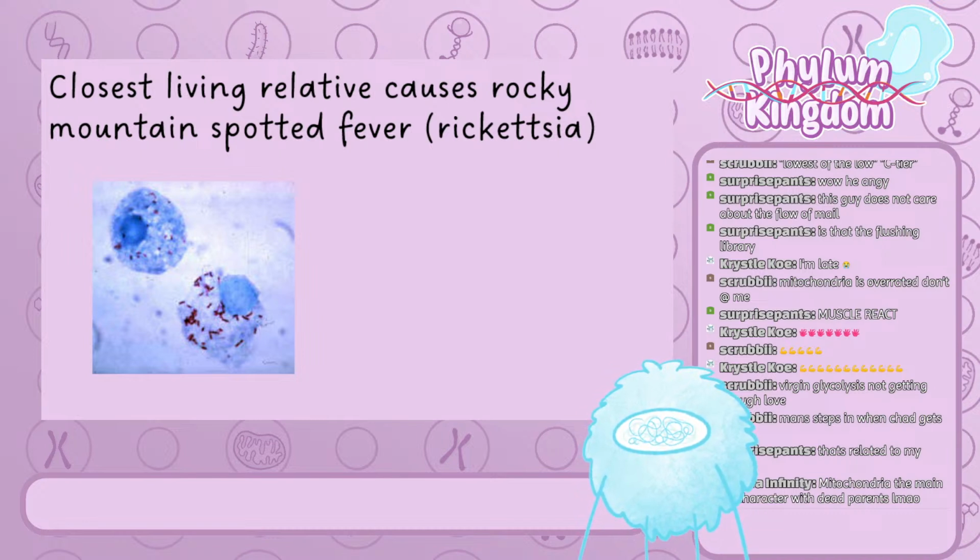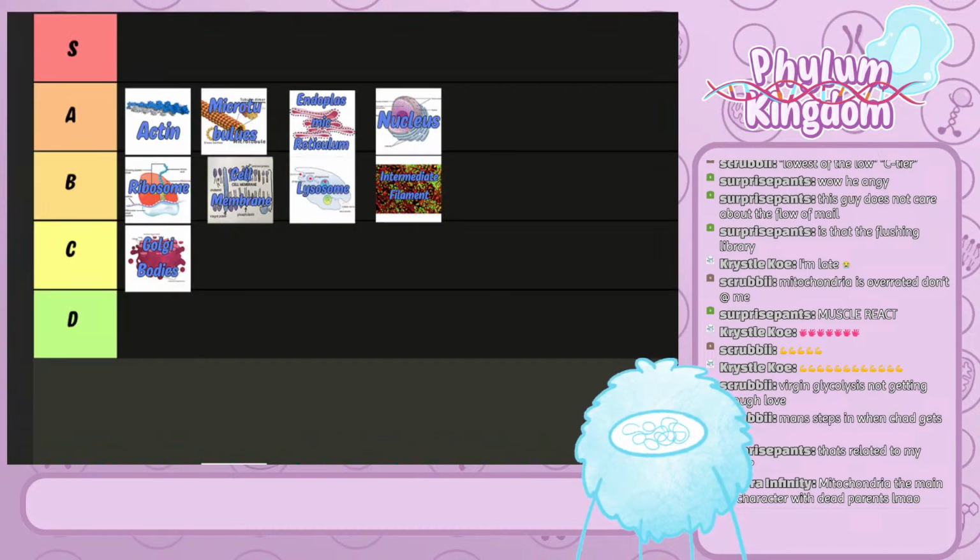And they have to cooperate with our endoplasmic reticulum to get that division done. I think that even though the mitochondria is kind of the meme pick, I think we all kind of saw this coming. The mitochondria definitely deserve a spot in S tier.